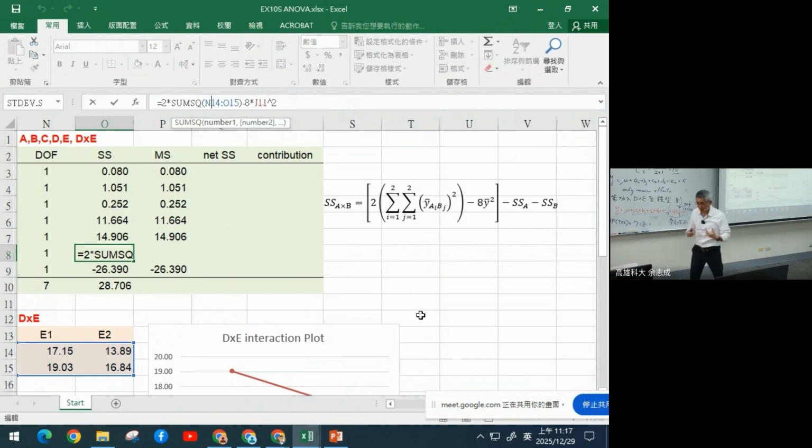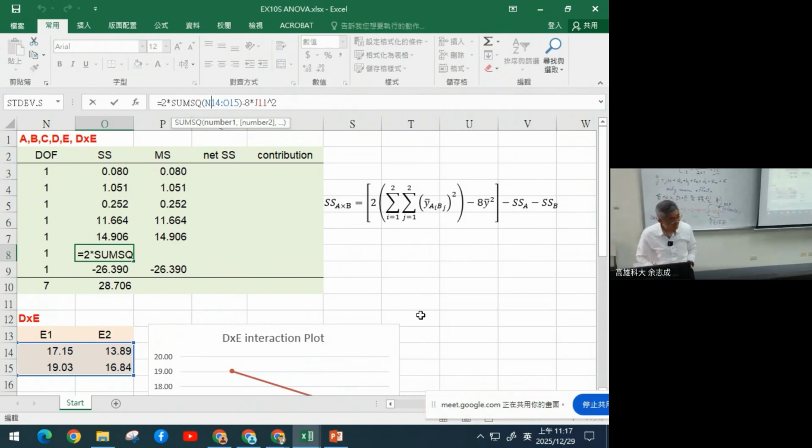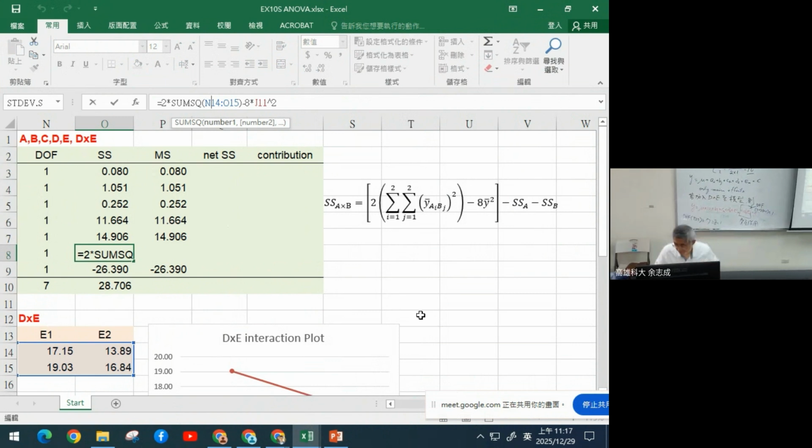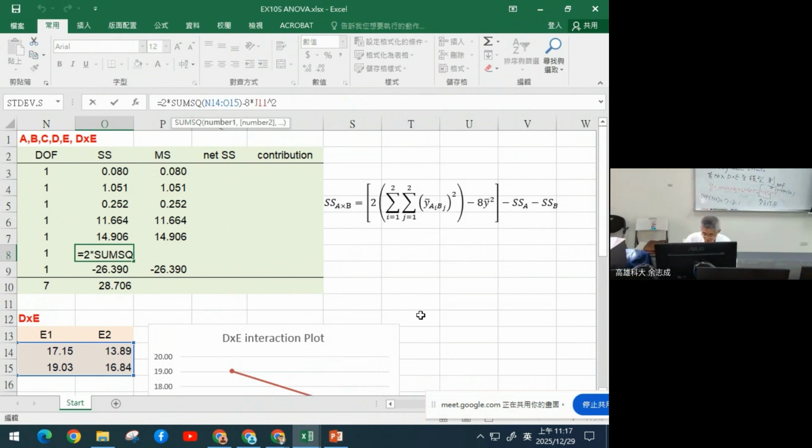After that, we need to minus sum of square due to D and E. It doesn't matter if you want to add a quote or not, but let me add a quote so it'll be clear.